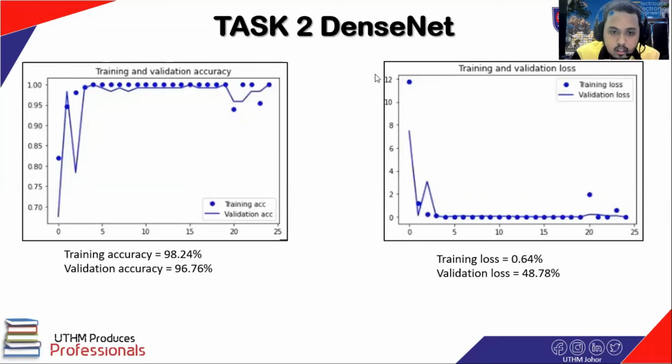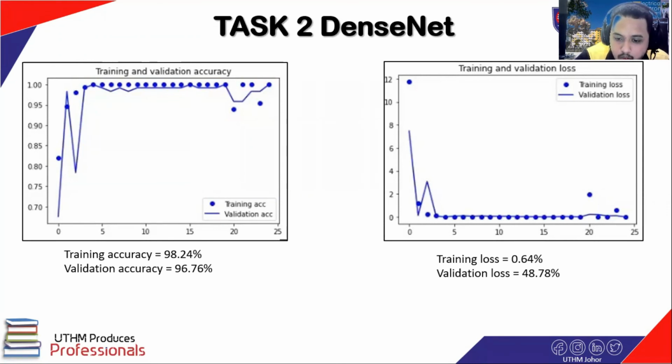Okay, so this is our result for task 2 DenseNet. We can see that at the left side is the training and validation accuracy. For the training accuracy, we get 98.24%. For the validation accuracy, we get 96.76%. At the right side, you can see the training and validation loss.